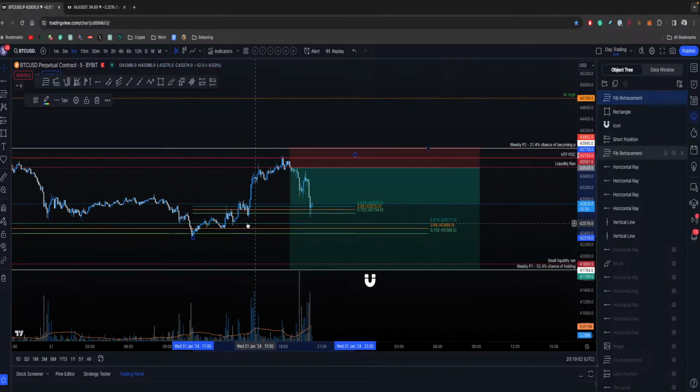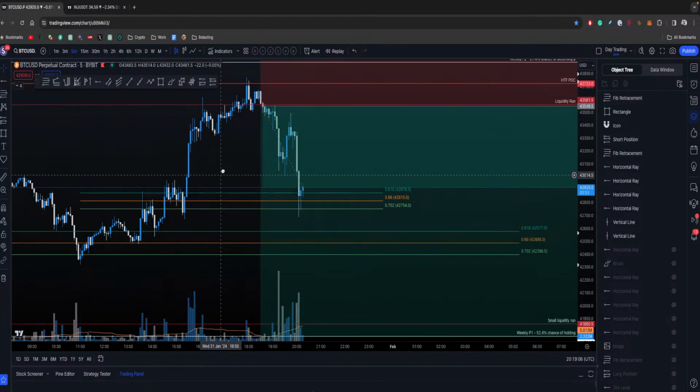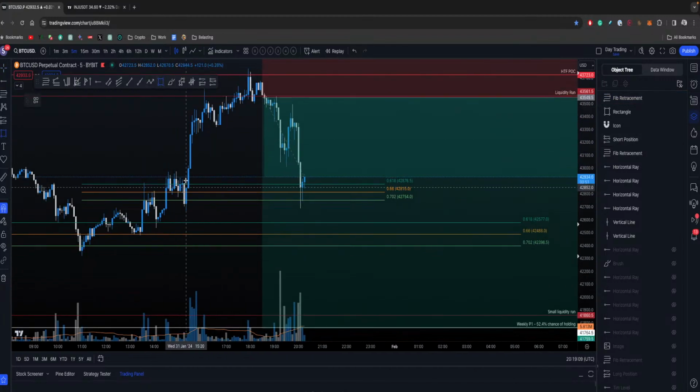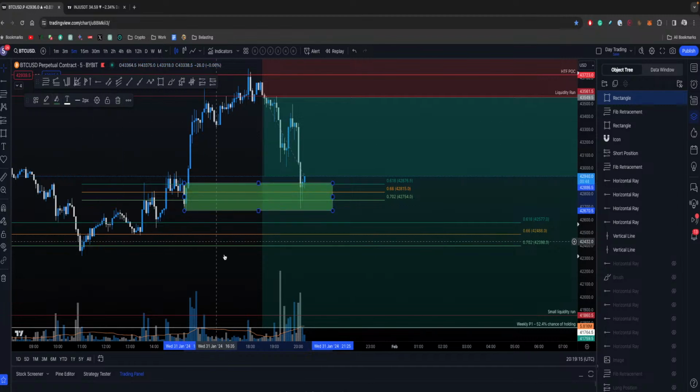So this would actually be an interesting area to look for longs because we have the golden pocket, we have this right there. It's pretty beautiful.